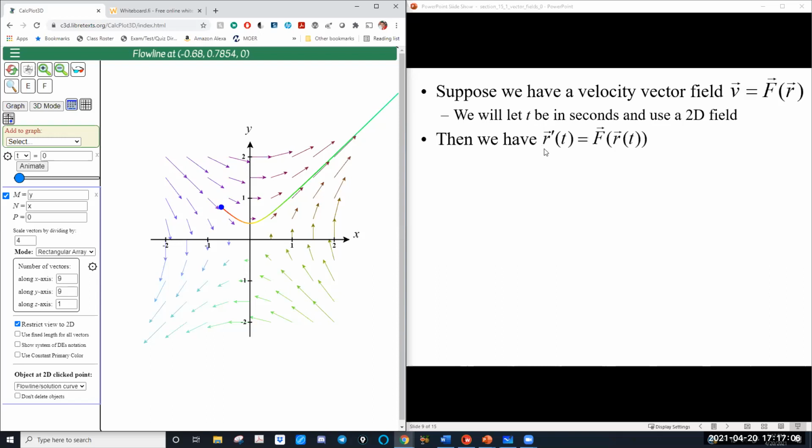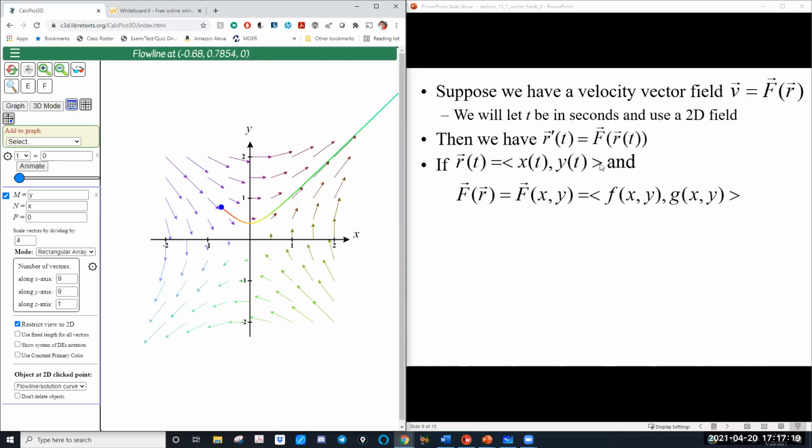Well, then the derivative of our position vector, which is velocity, is the vector field, okay? So if we say r of t equals x of t and y of t, and our vector field is given by f of x y, g of x y, then what we have is that f of x of t, y of t, g of x of t, y of t equals x prime of t, y prime of t.